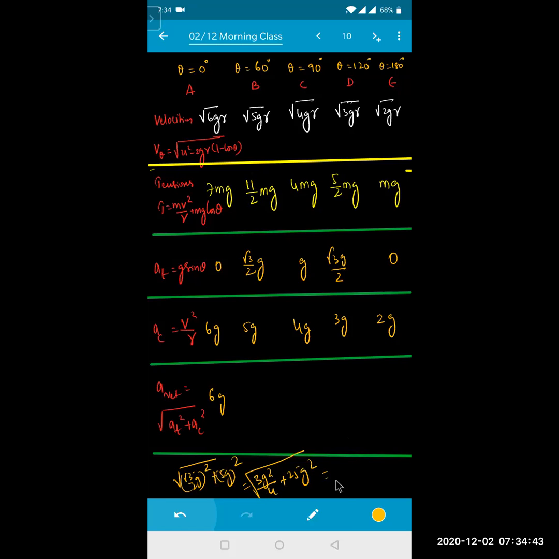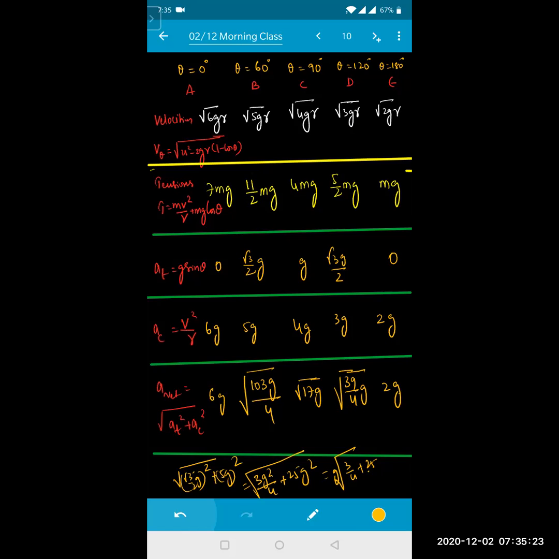So take the LCM, which is 4. We simplify this one and we get root 103 times g divided by 4. Next one we get under root of 17 times g, and next under root of 39 by 4 into g. You can check the calculations yourself.